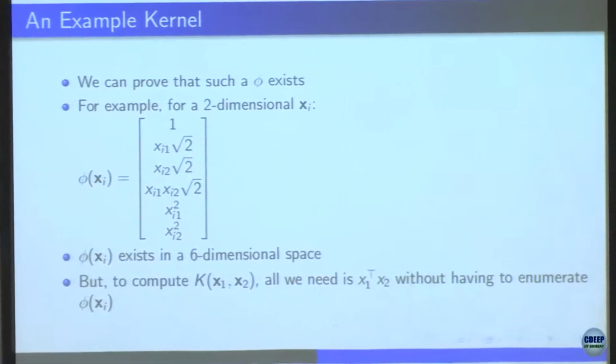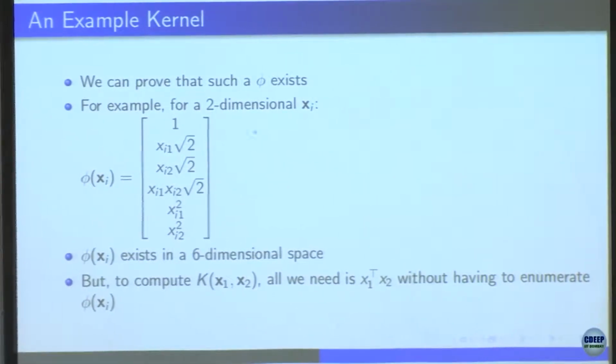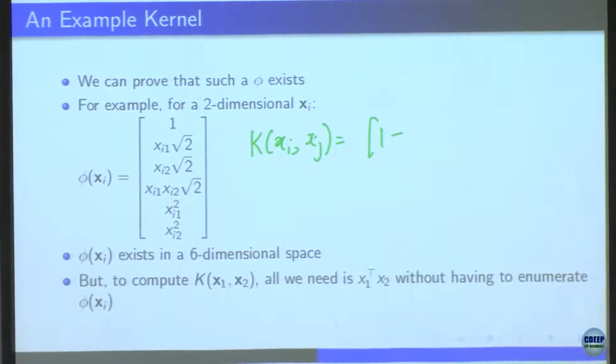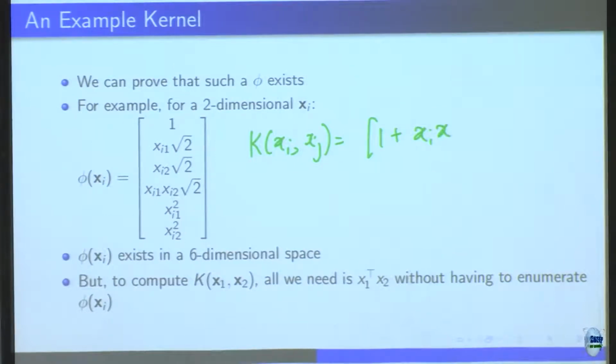So what I was trying to say is, the kernel of xi comma xj turns out to be basically 1 plus xi transpose xj the whole square, and there are a couple of interactions that are taking place in the original two-dimensional space xi, right?